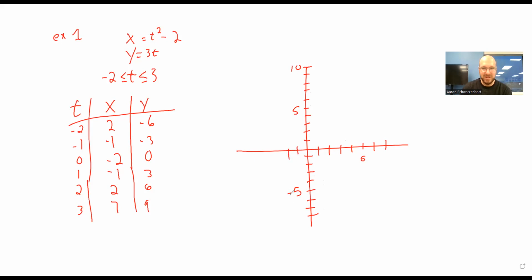I'm going to start with negative 2, negative 6. I'm going to go to negative 1, negative 3. Negative 2, 0. This doesn't look like what points are showing on the negative 1, 3.